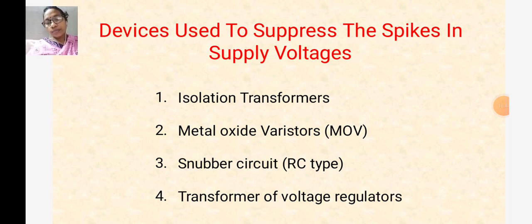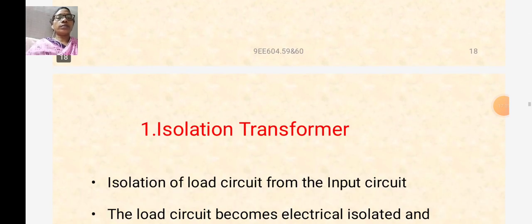These are the various devices mainly used to suppress the voltage spikes in the supply voltage: isolation transformers, metal oxide varistors (MOV), snubber circuits (RC type), and lastly the transformers of voltage regulators.